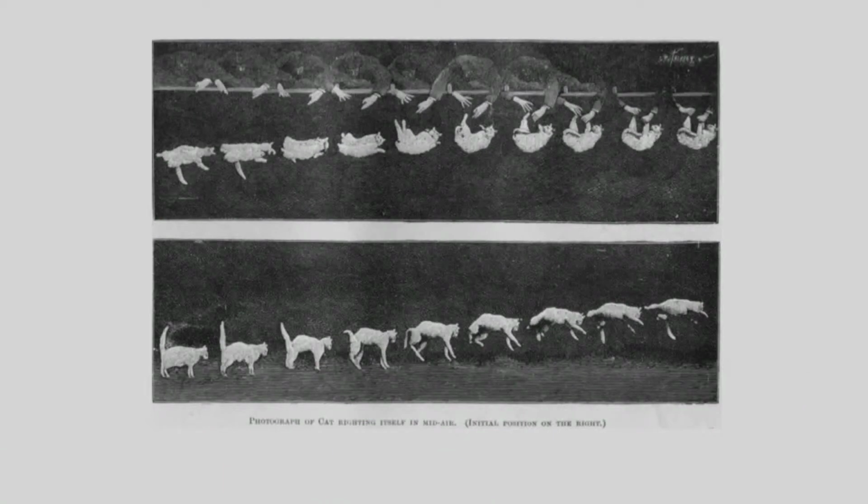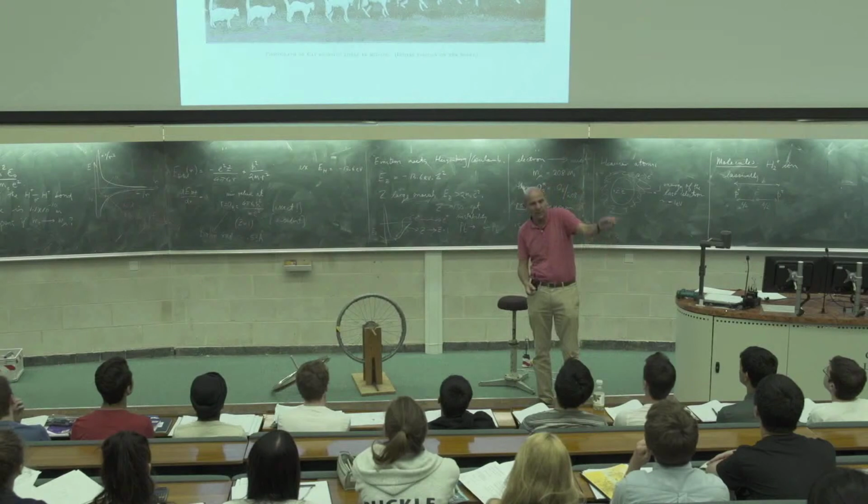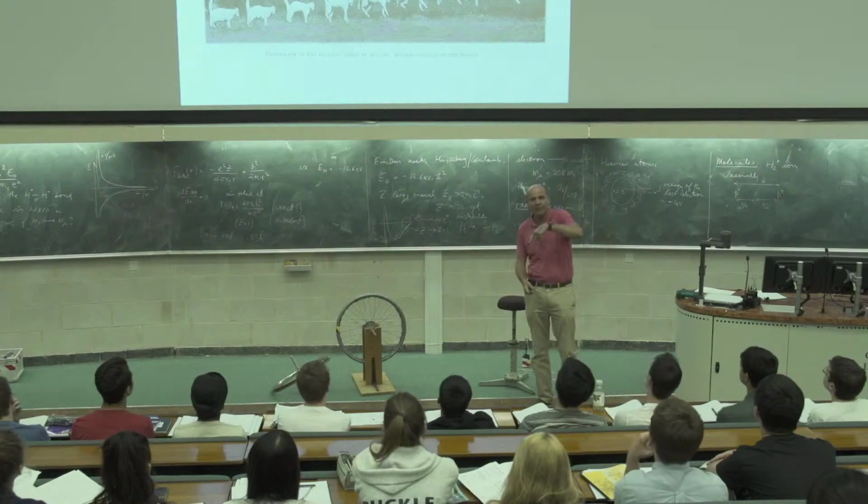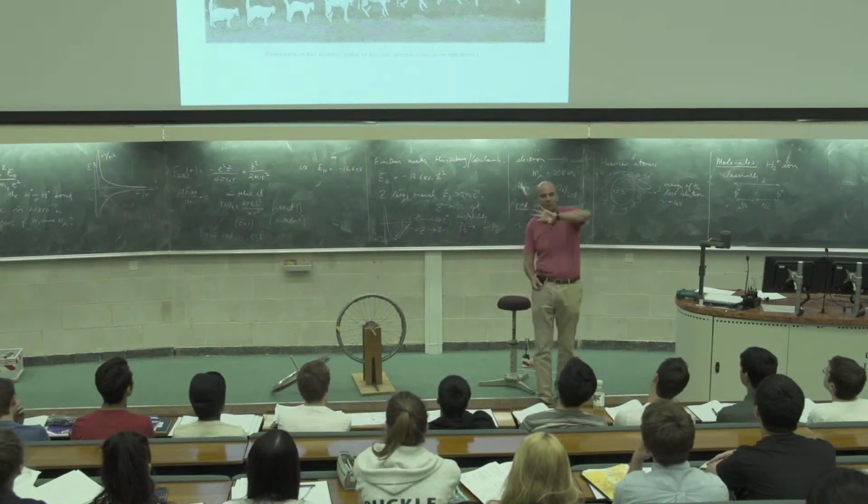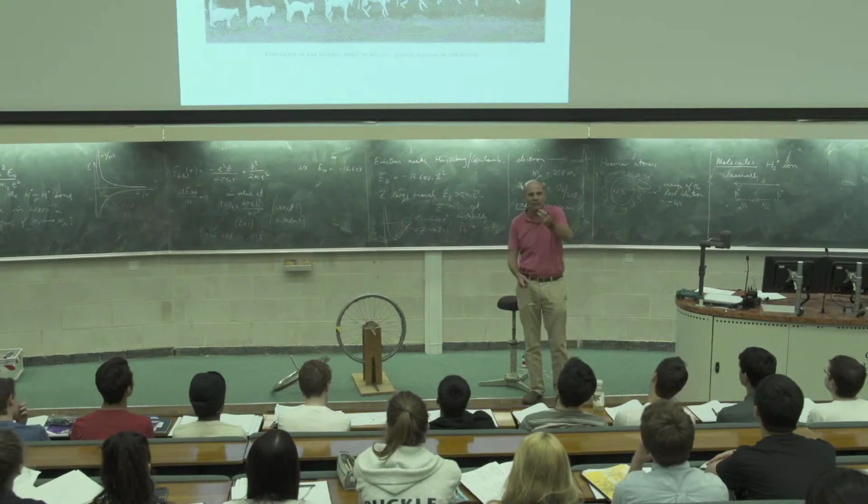Here's another example. There's a cat. The cat has 0 angular momentum, and it is then dropped. And it's dropped from the top of the wall here, upside down, down the wall. Now the cat at this point sets his tail into motion around his axle like this. And if his angular momentum is constant, then his body has to rotate in the opposite direction.